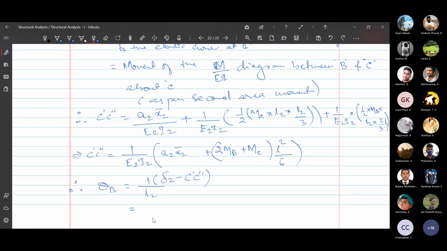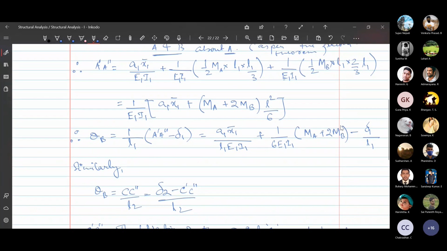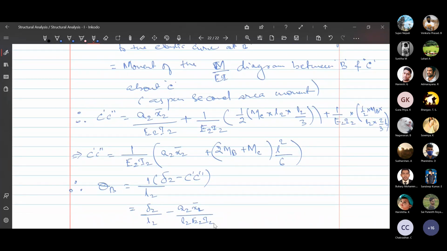So you can write it as delta 2 by L2 minus A2 into X2 bar whole divided by L2 E2 I2, minus L2 by 6 E2 I2 into 2MB plus MC.